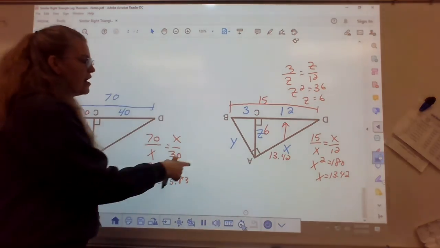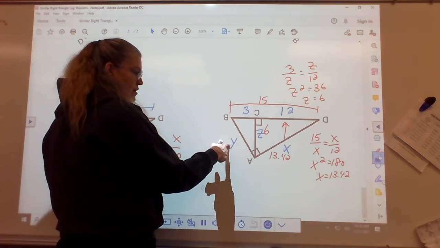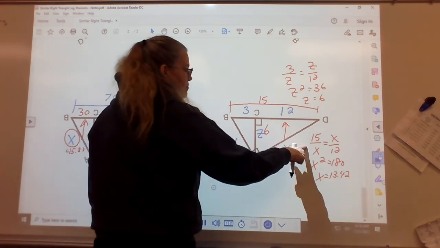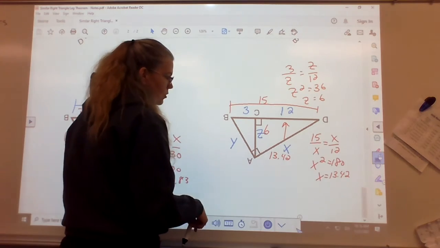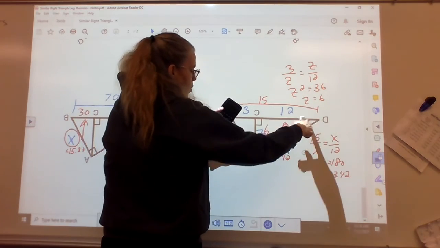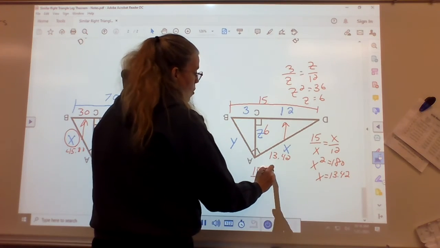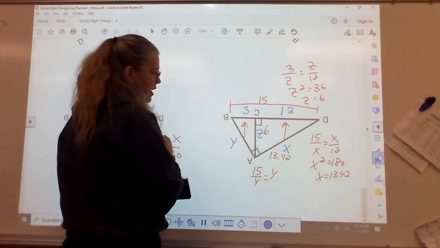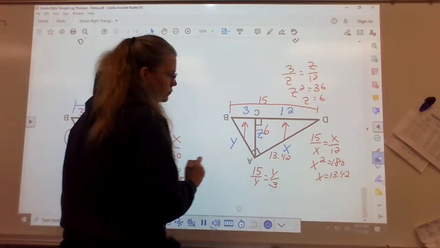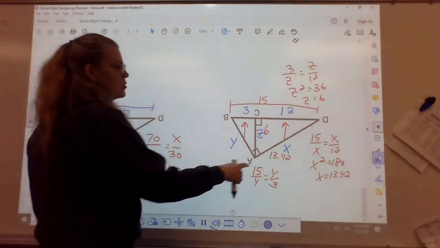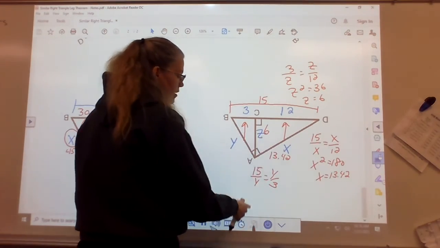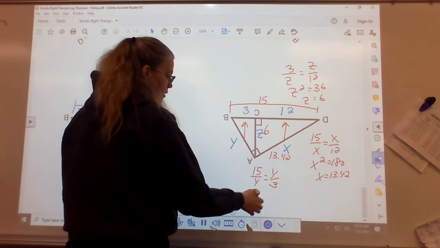13.42. One more to go, because then I got to get this corner. It's going to be very similar to this one, but this time I got total over y. Y, now I got to use that guy, over 3. So this one we use 15 over x, x over 12, 15 over y, y over 3.